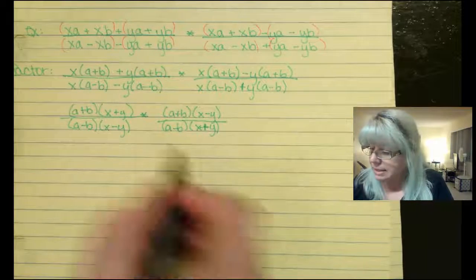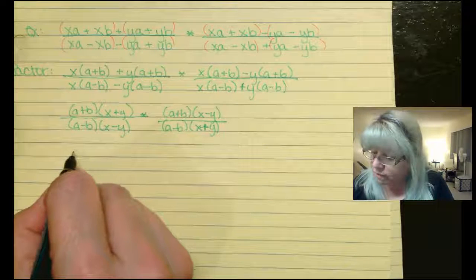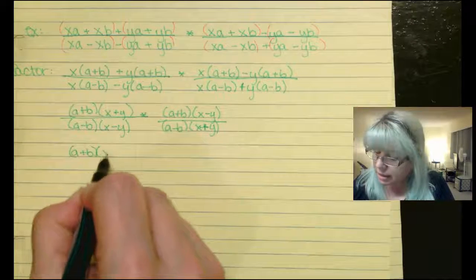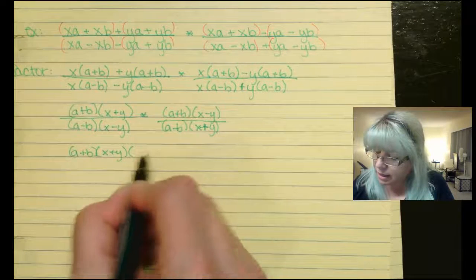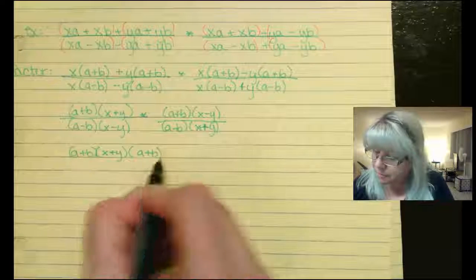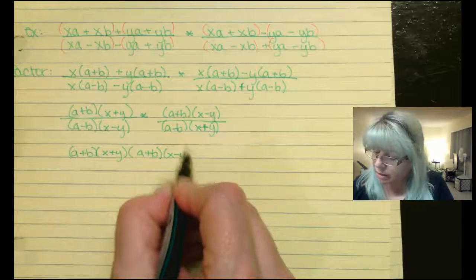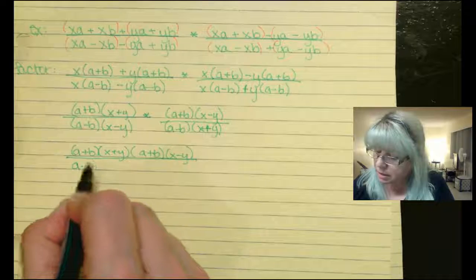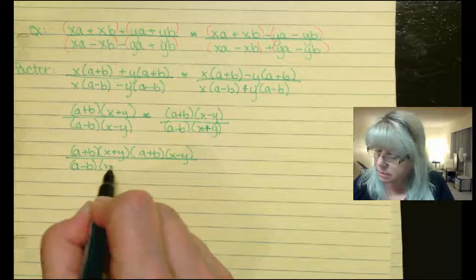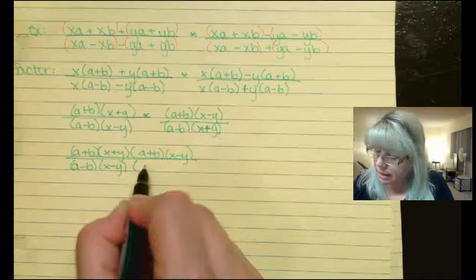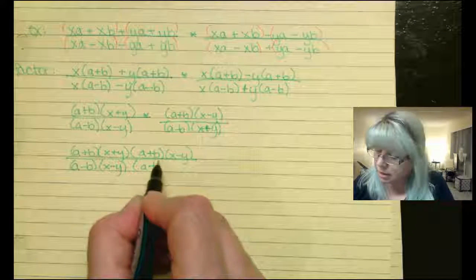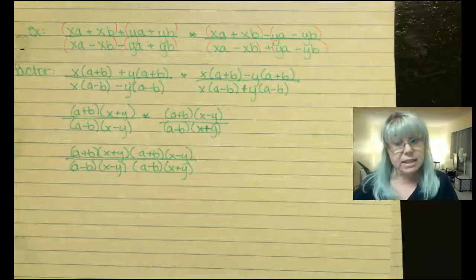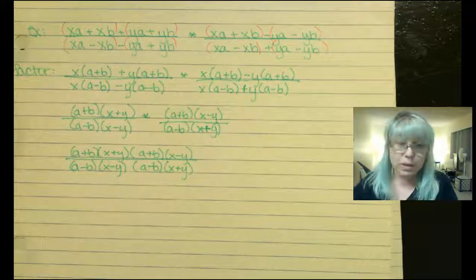All right, this is all going to be on one fraction, a plus b, x plus y, a plus b, x minus y, all over a minus b, x minus y, a minus b, x plus y. Is there anything that we can cancel, or anything we can reduce?